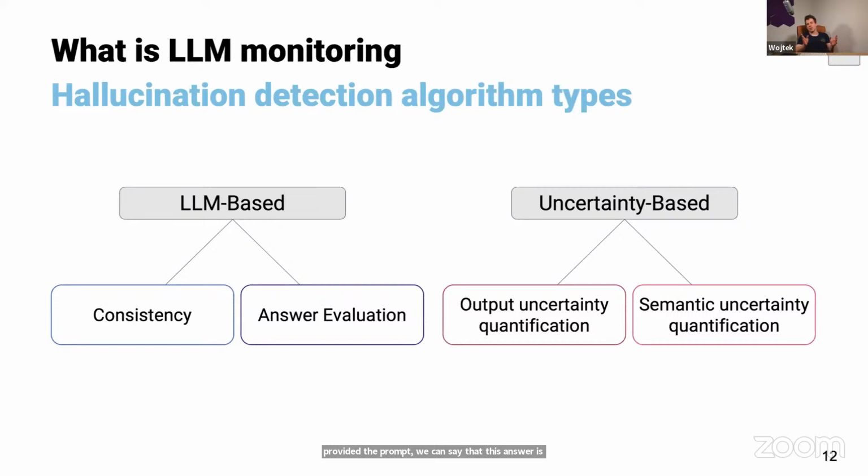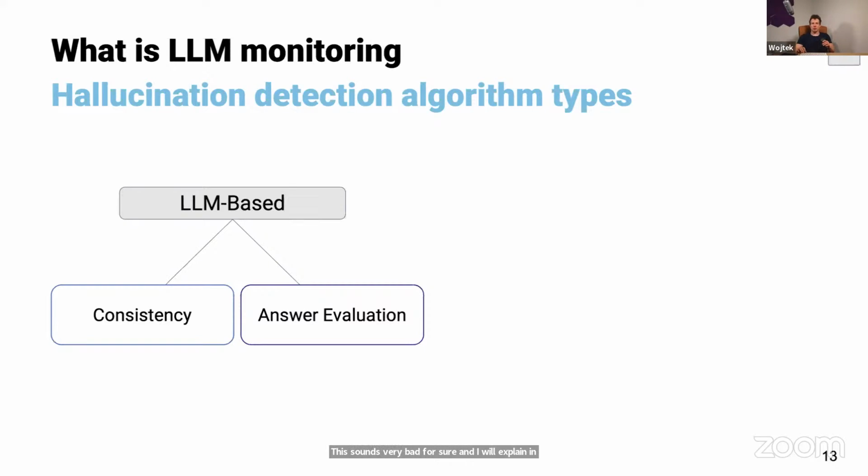And here we can again focus on two things: directly looking at the output that was produced, or potentially looking at all potential outputs and trying to find whether, semantically, the algorithm is actually sure of what the answer should be from the meaning perspective and not just the words. This sounds very vague for sure, and I will explain in detail later on once we get there what this actually means. So for now, just bear with me and let's focus on the LLM-based hallucination detection.